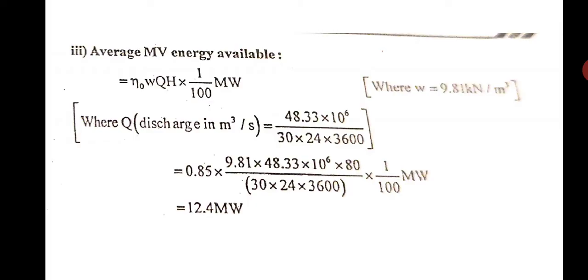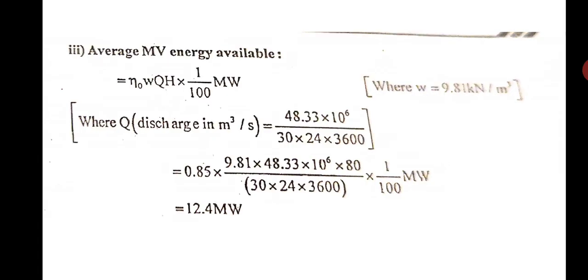So 3600 into 24 into 30 in the denominator, and the numerator is 48.33, that is the mean discharge. Million means we have multiplied with 10 raised to 6. Okay, this will be the discharge in meter cube per second.